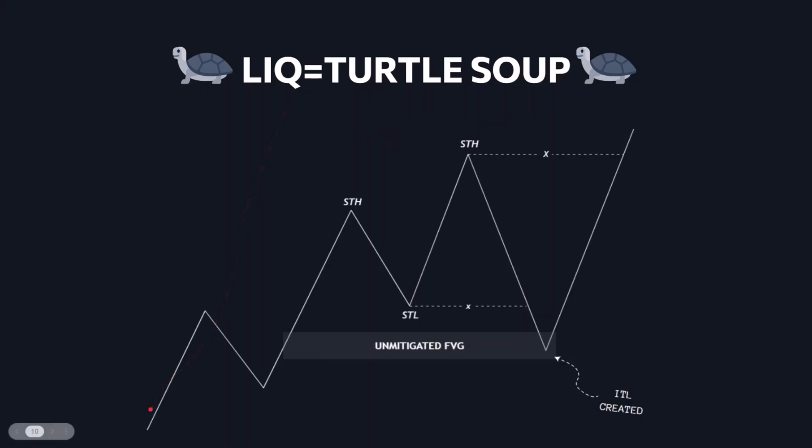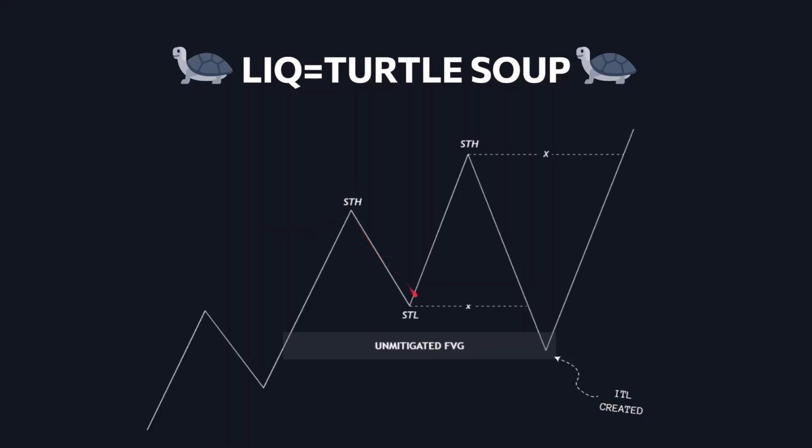Most of the time, I've seen this pattern repeating over and over, and you can take advantage of this. When you have price going up, leaving a fair value gap here, and then price comes up, creating a short-term high. What does that mean? There is no fair value gap here. There's nothing.